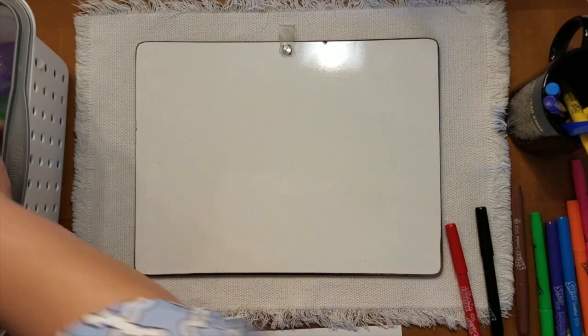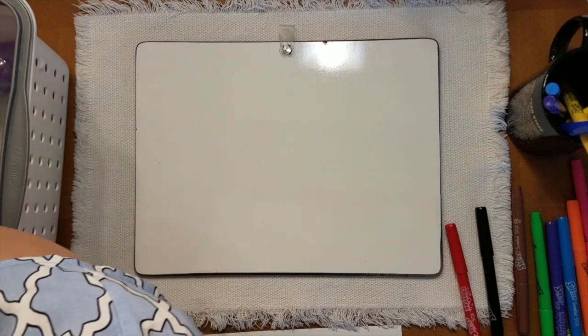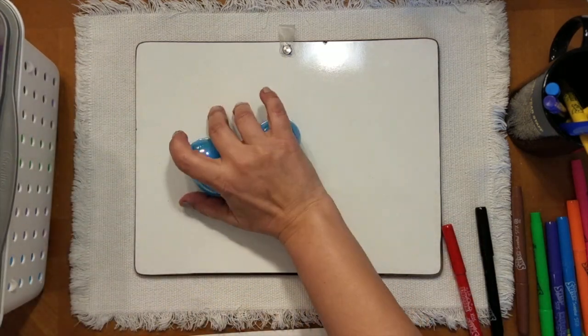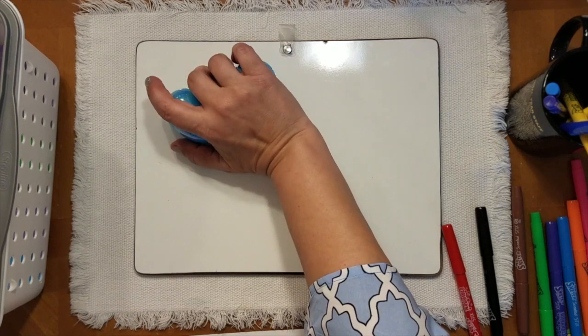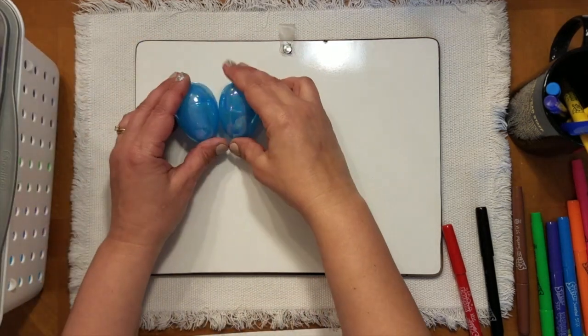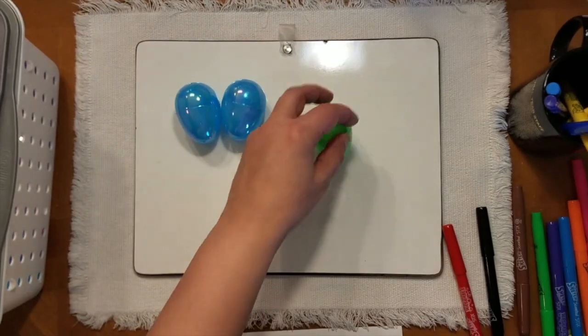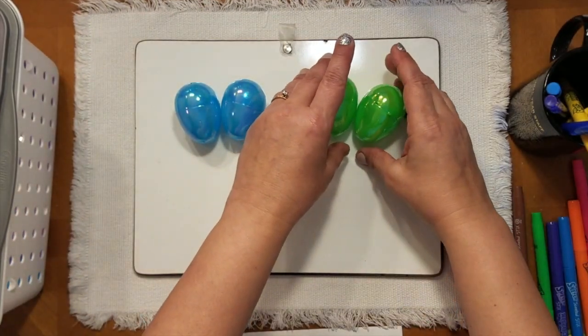All right, one more. Let's do, oh, you know Miss V loves doubles. Let's do doubles. 2 blue eggs, and then 2 green eggs.